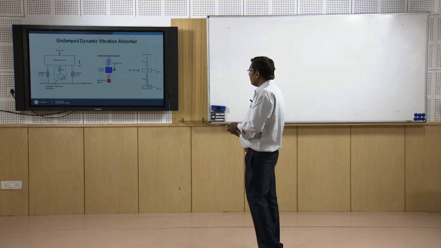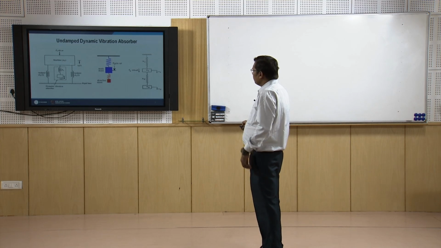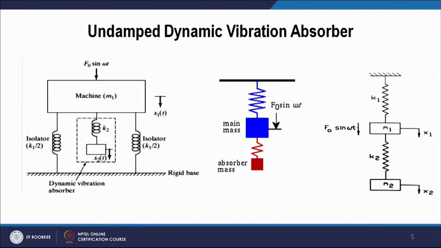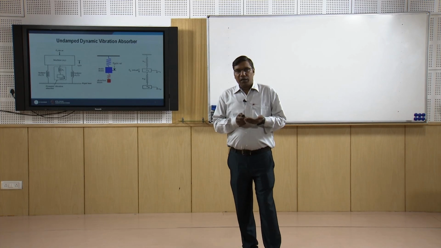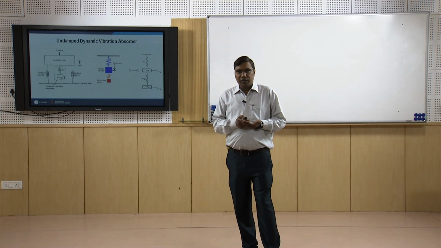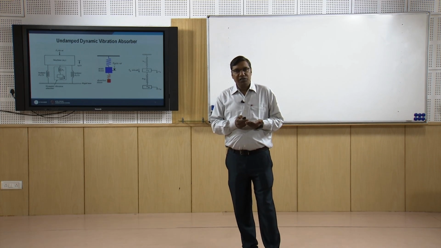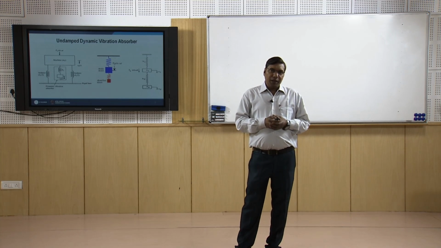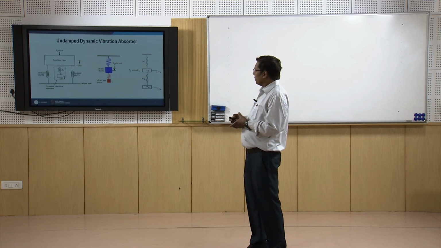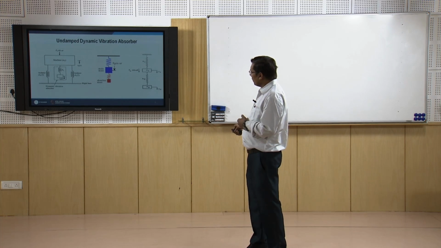Here we can see a machine resting on some springs on a rigid base, and this machine is subjected to some unbalanced forces, maybe F0 sin omega t, acting on the machine, and due to these forces the machine will have steady state vibrations. And if we want to reduce these vibrations, we have to attach another system, as we can see here.